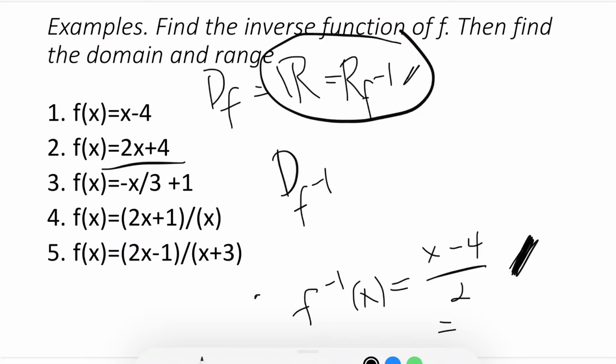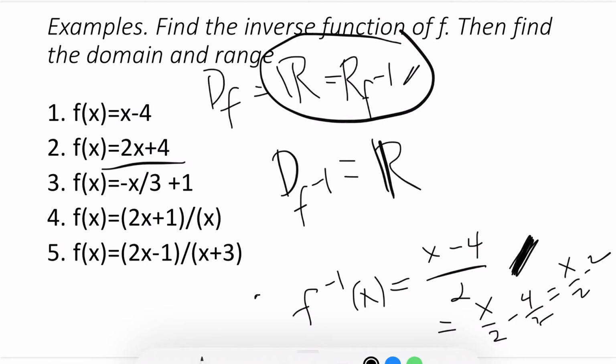We can rewrite this as x over 2 minus 4 over 2, or x over 2 minus 2, right? There is no variable in the denominator, so this is still a polynomial. Therefore, that is the set of real numbers.